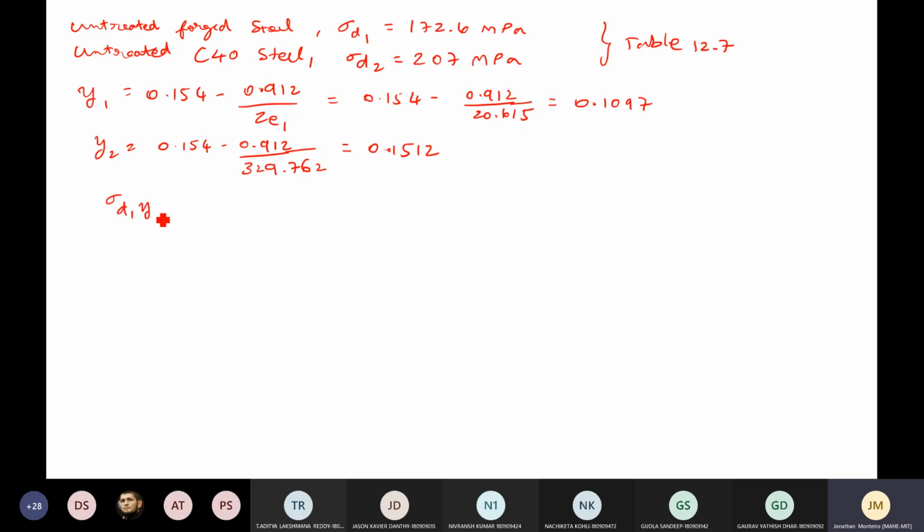So let us find out sigma d1 y1, 172.6 into 0.1097. The first one is 18.93. The second one, 31.29.